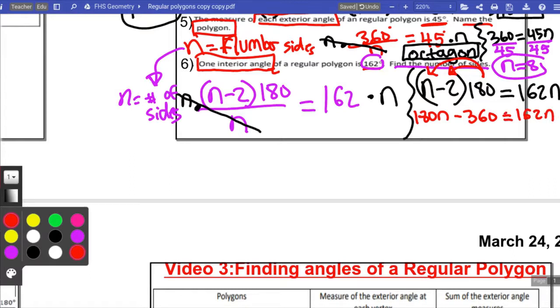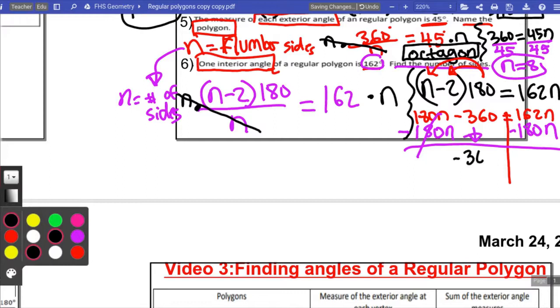What do we do next? If you recall from your algebra skills, when solving for n, it's best to take care of the n terms first. So this is positive 180n. I can subtract 180n on this side, then subtract 180n on the other side. I do not do that with the 360, because I'm looking for the same variable. Bring this down, and you should now have -360 here.